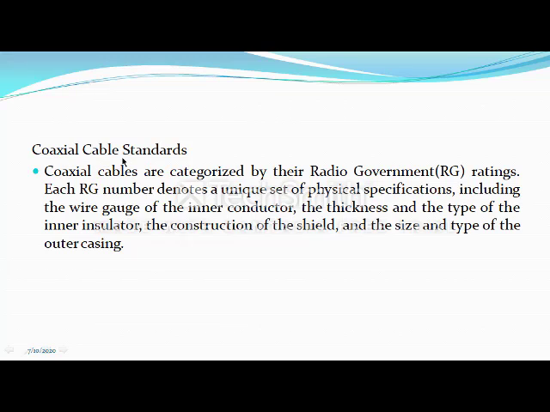What are coaxial cable standards? In the last slide I told you, coaxial cables are categorized by their radio government ratings, RG ratings.